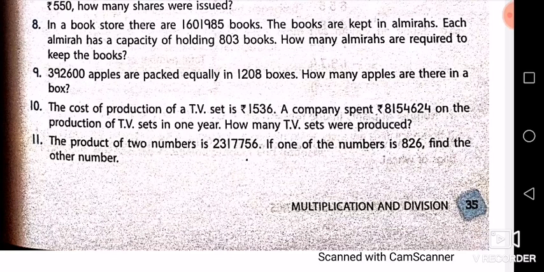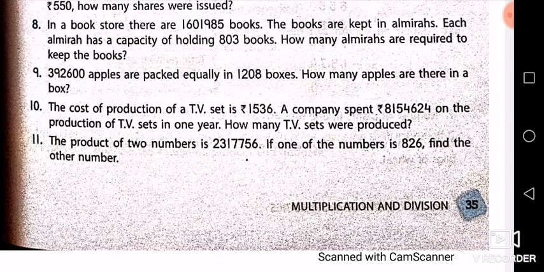Now the question is, in this question will you get any remainder? No, you will not get any remainder in this question, because it is given in the question that the product of two numbers is this. So if one number is given to you, the whole quotient will become the second number.